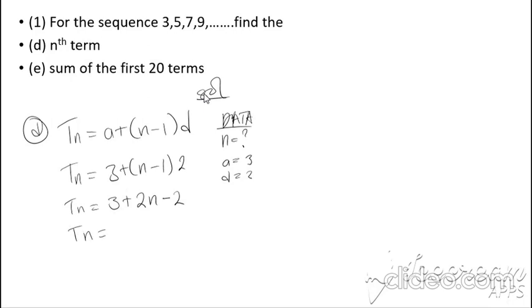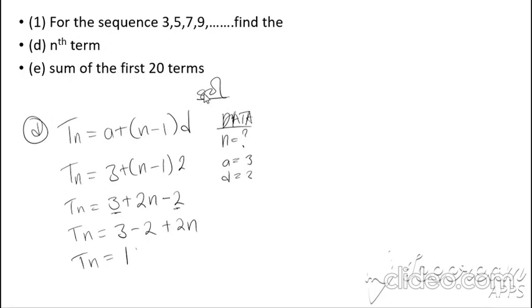And then here you need to collect like terms. You know that this positive 3 and negative 2, they're like terms, they're numbers. So this negative 2 can move to positive 3. So it will be 3 negative 2, like that, plus 2n. Then tn is equal to, what is 3 minus 2?